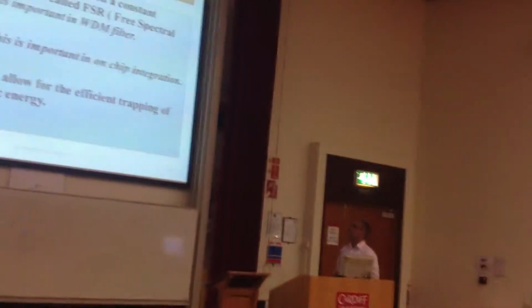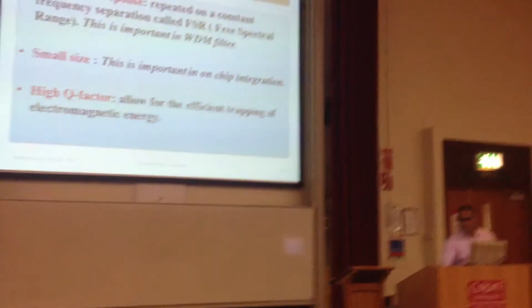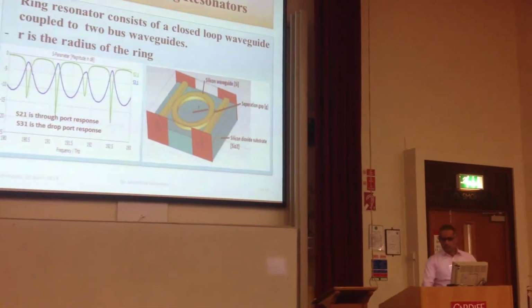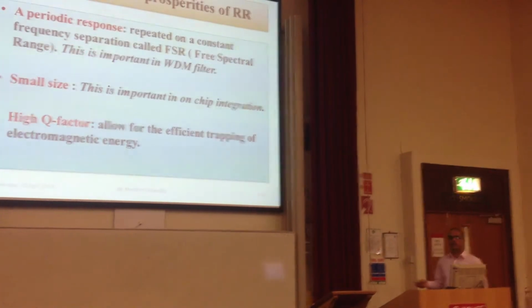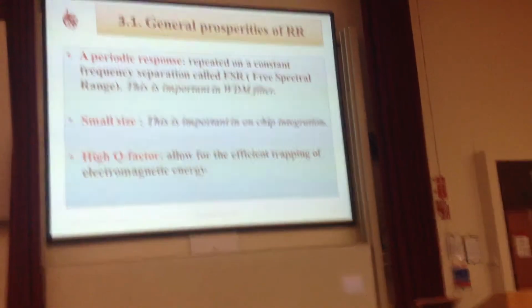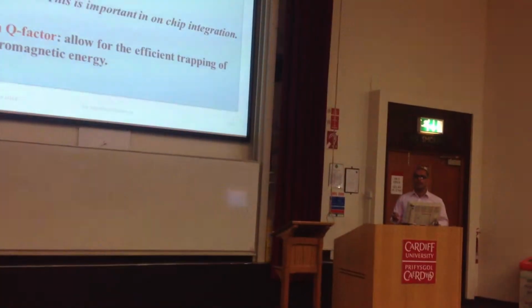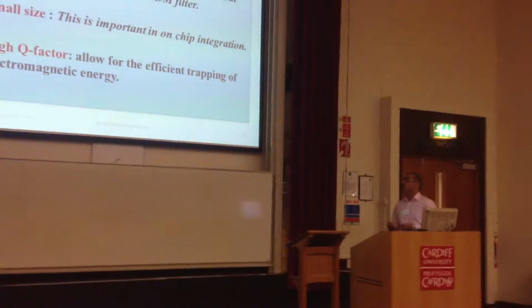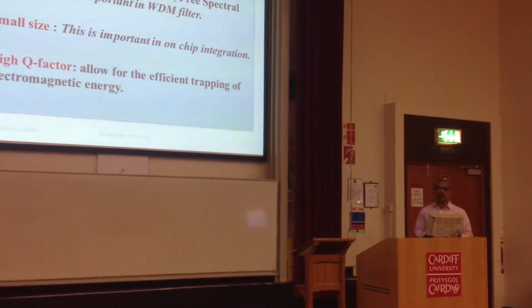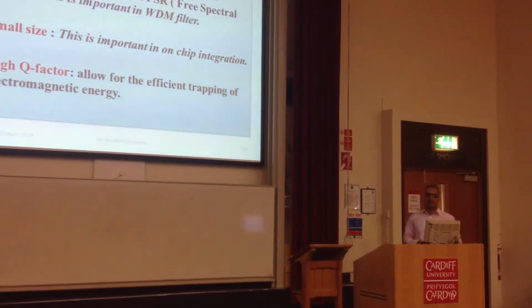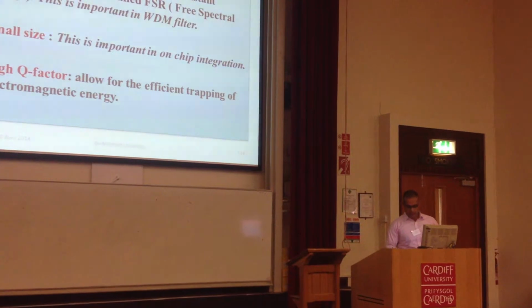General properties of the ring resonator are the periodicity, as shown in this slide, which is important for wavelength division multiplexing signals, and the small size of ring resonators, which is important for on-chip integration, and also a high quality factor for traveling electromagnetic energy.